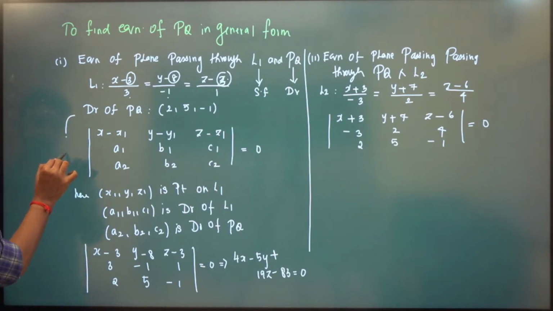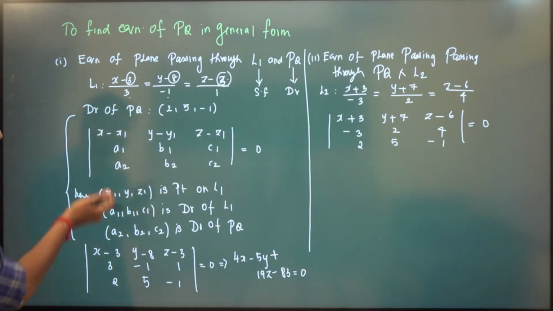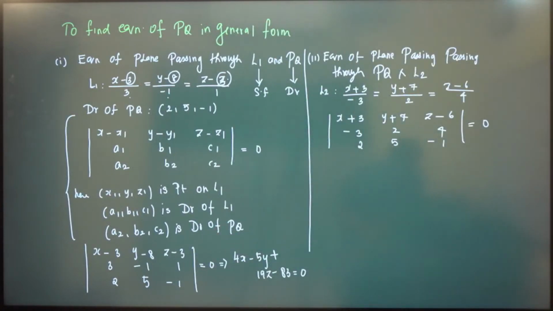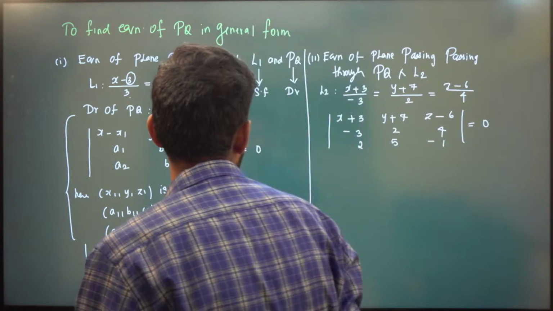See, you just have to understand this. It is the same equation of plane, but here the only thing is x1, y1, z1, you take from the line. A1, b1, c1 is taken from the direction ratio of the line. A2, b2, c2 is the direction ratio of PQ, right?